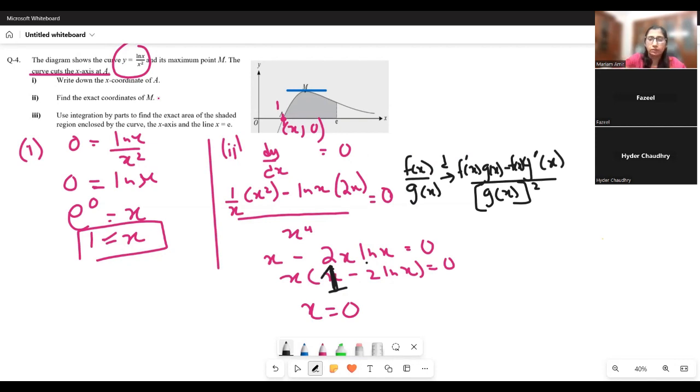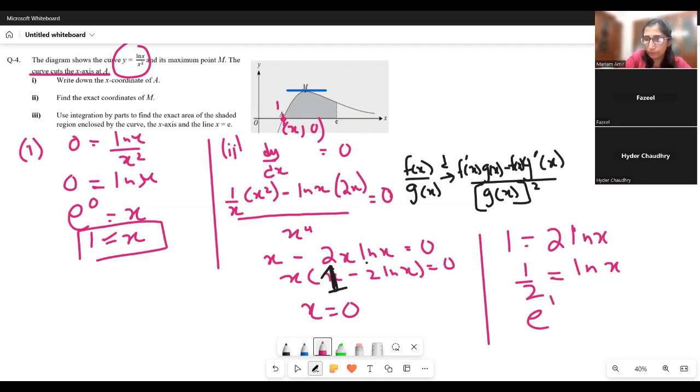Moving on to the other answer, which is 1 equals 2 ln x, so half equals ln x. Sending ln to the other side, we get e power half equals x. So the answer written is square root of e equals x.